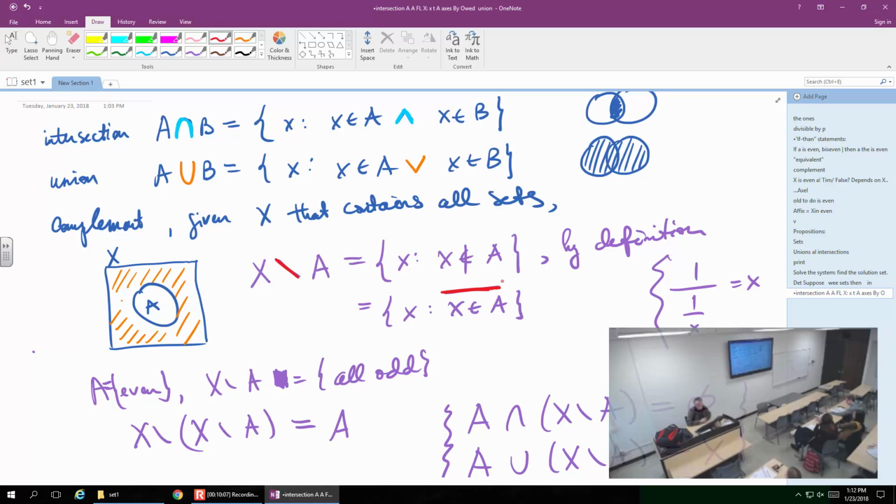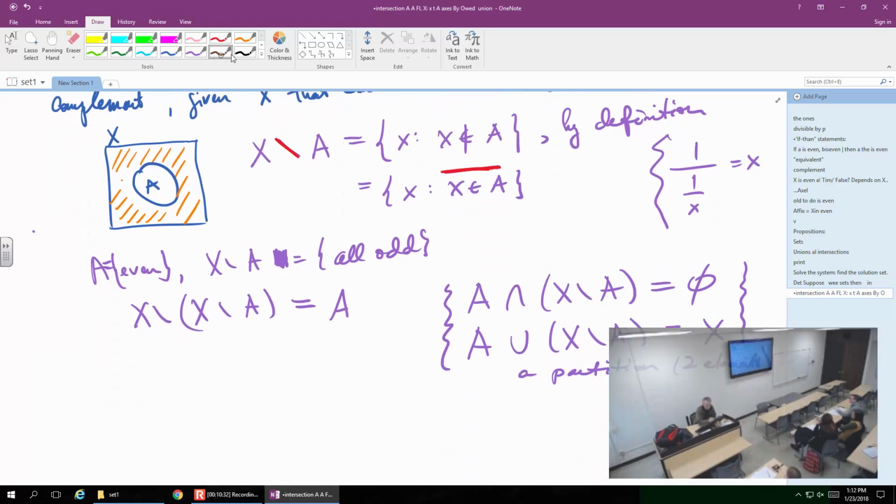Now the question becomes how these three operations interact with each other, and primarily what happens to the complements. Let's start with the intersection. What is the complement of the intersection?